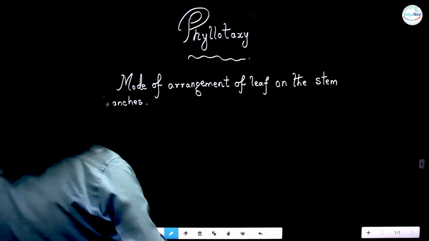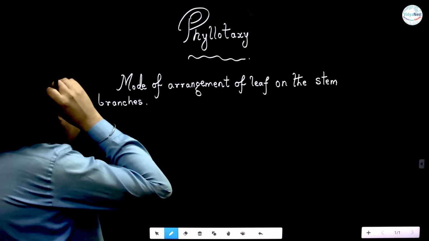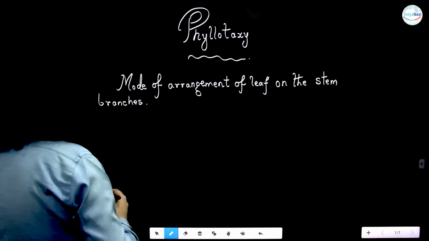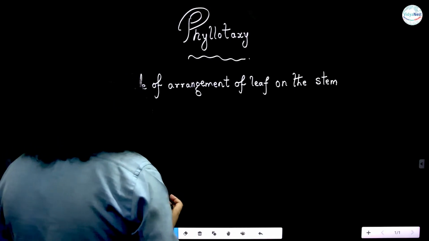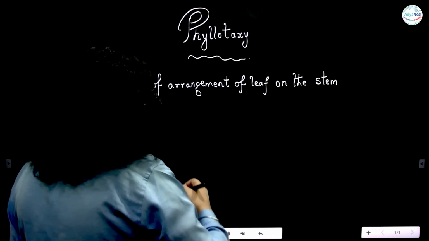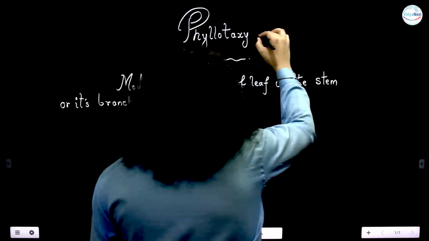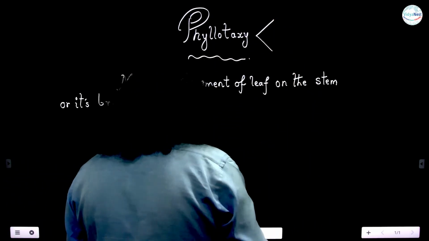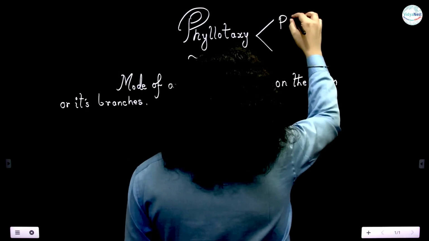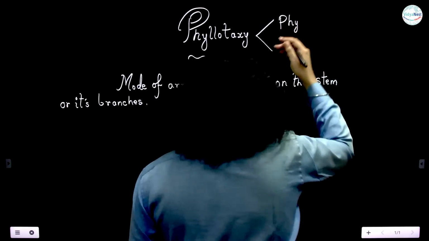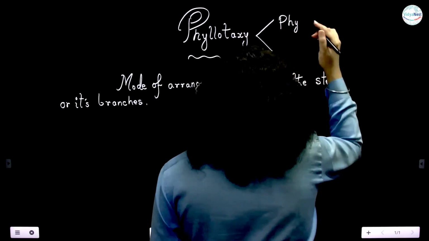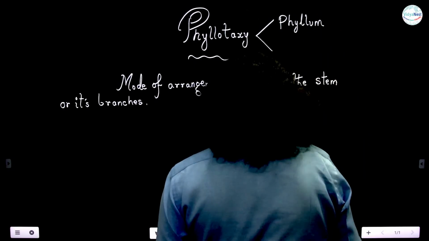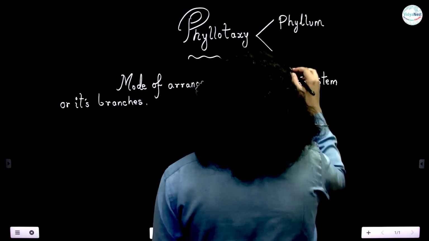The word phyllotaxy can be analyzed into two words. Let us divide this word: first is phylum and another word is taxon.